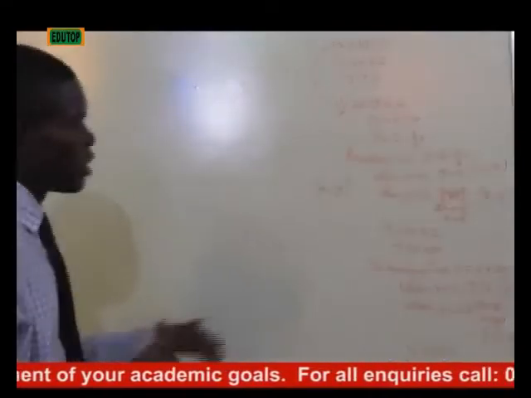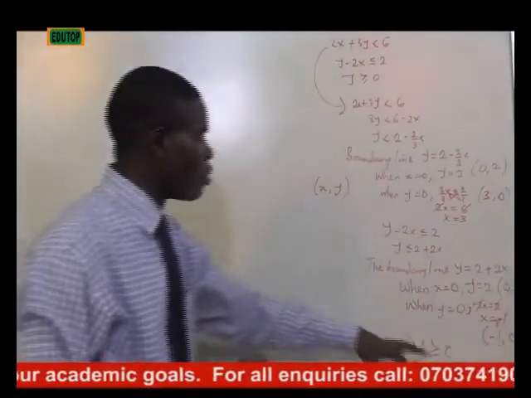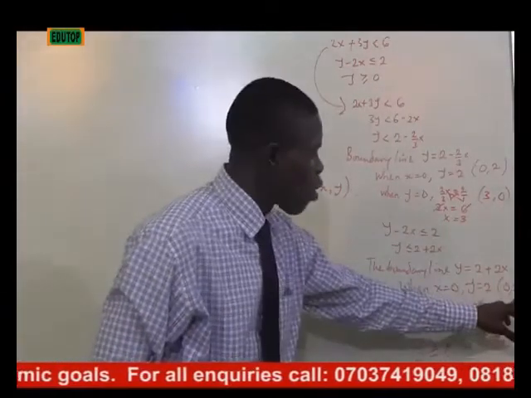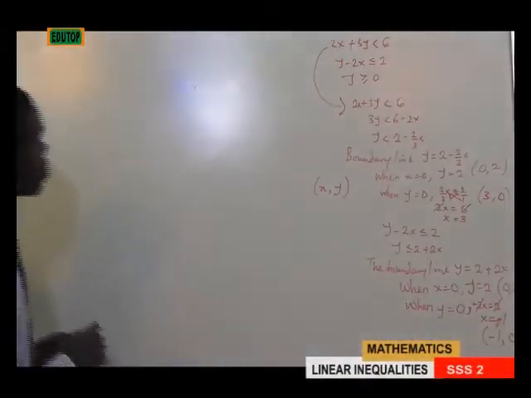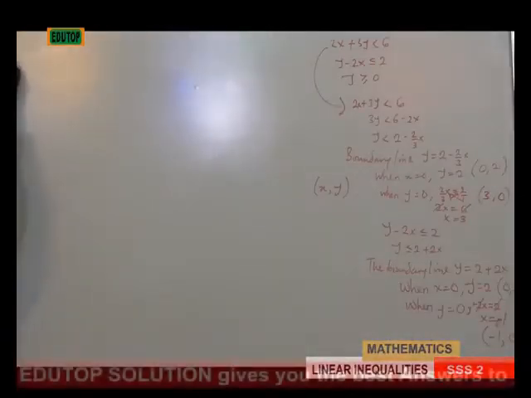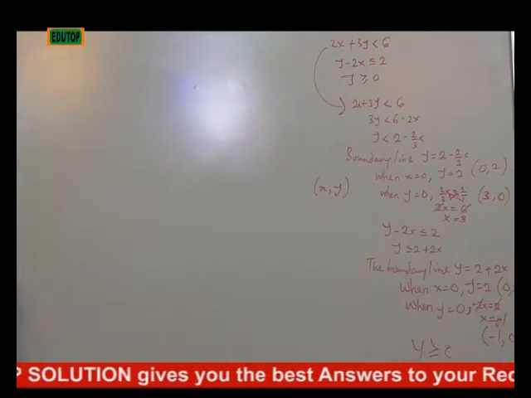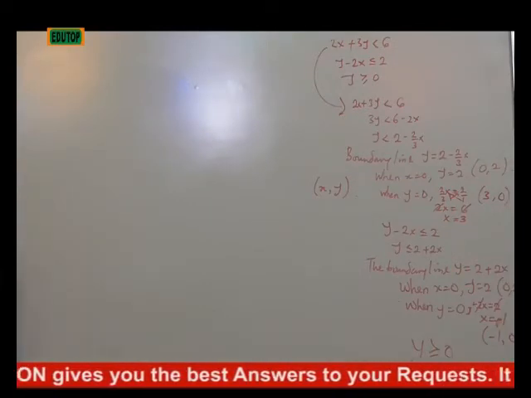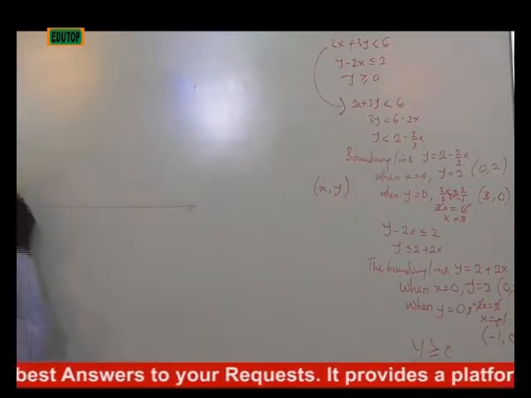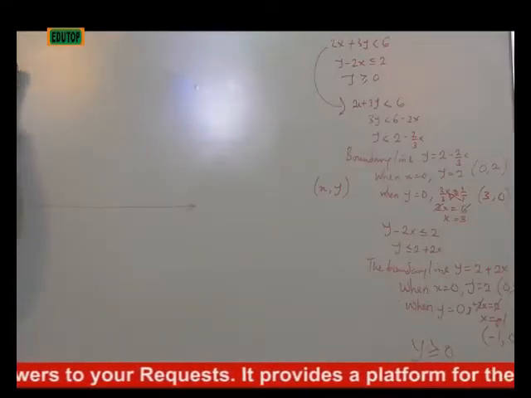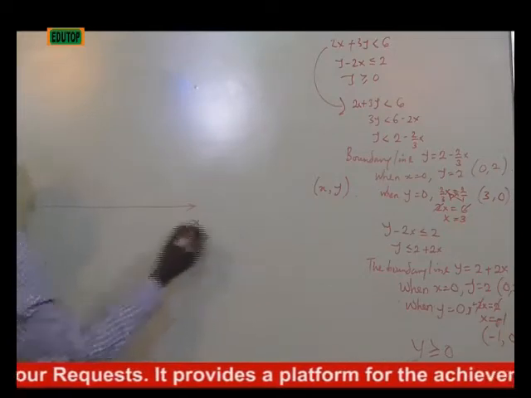So since our x is 3, 0, here we have 0, 2, then we have minus 1, 0. Then we have y greater than or equal to 0. So if you are to sketch this graph, let's say this is our y axis and this is our x axis.